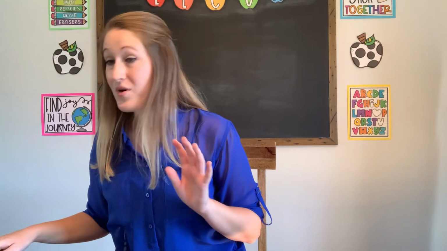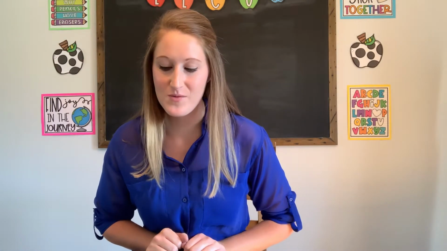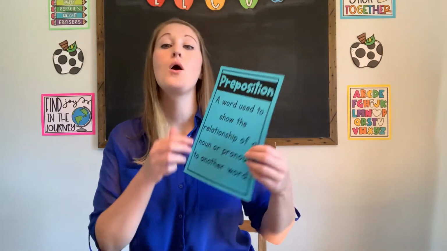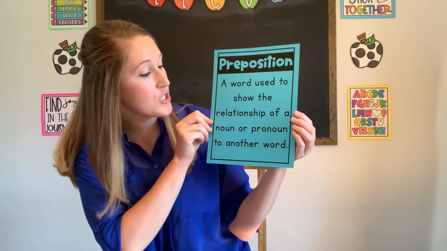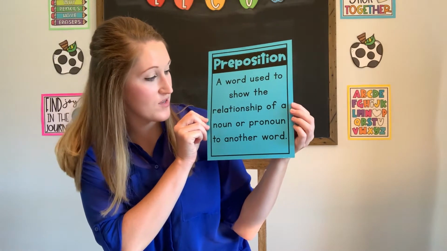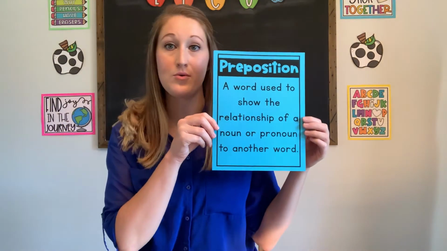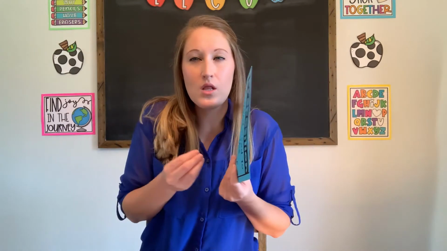So, we've talked about a lot, and today we're going to continue our discussion of parts of speech by talking about prepositions and conjunctions, okay? So let's kick it off with some prepositions. Prepositions are words that are used to show the relationship of a noun or pronoun to another word. So we're talking about these relationships.